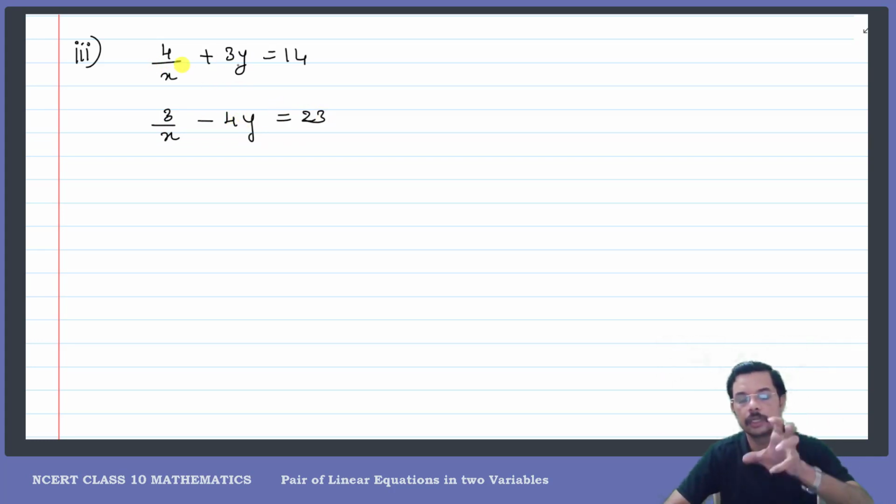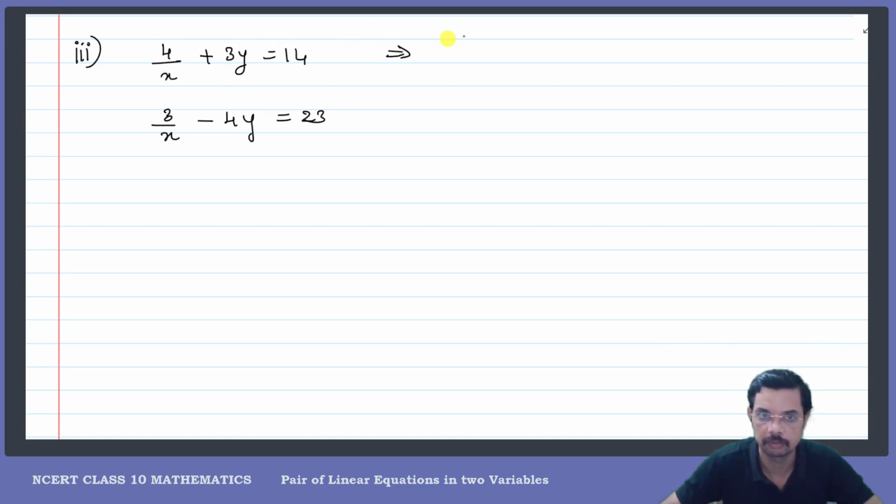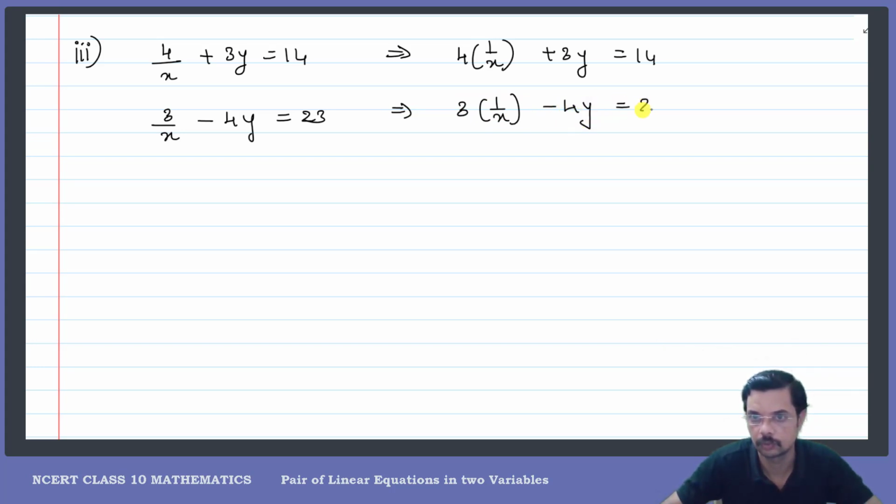Here we do not need to assume in both places, adjusting in one place is enough. So when you simplify this, we have 4 into 1 by x plus 3y equal to 14, and in this part we have 3 into 1 by x minus 4y equal to 23.